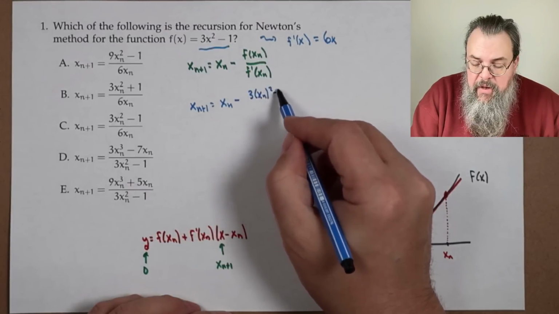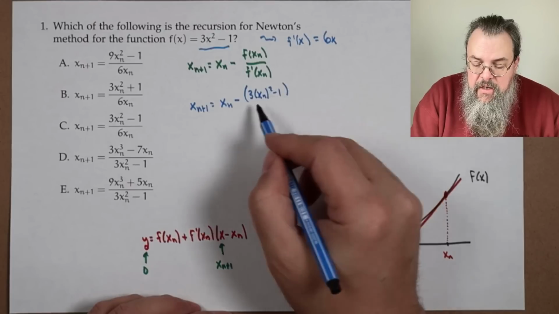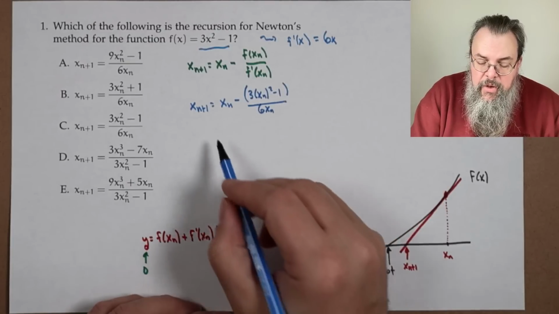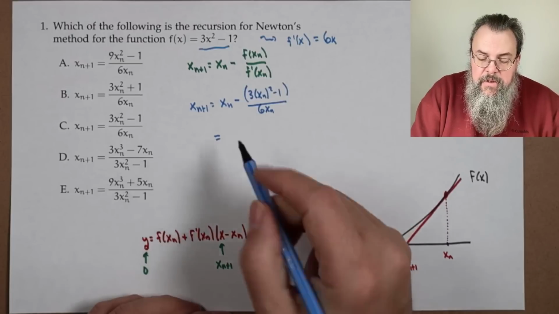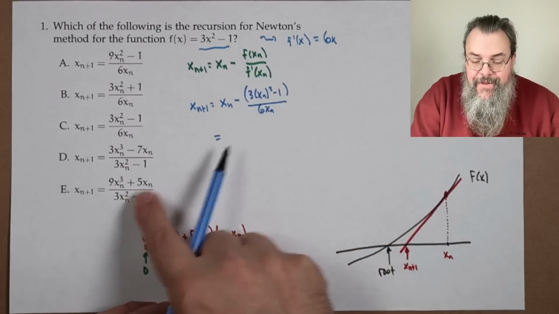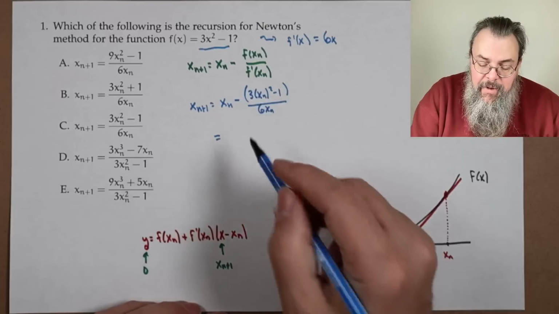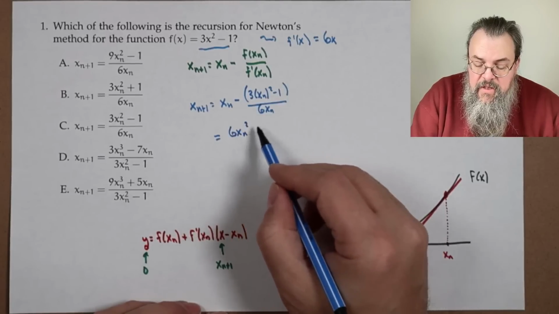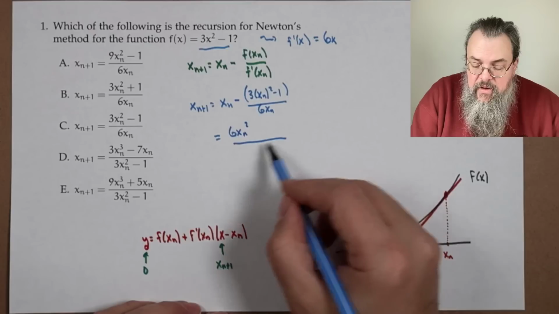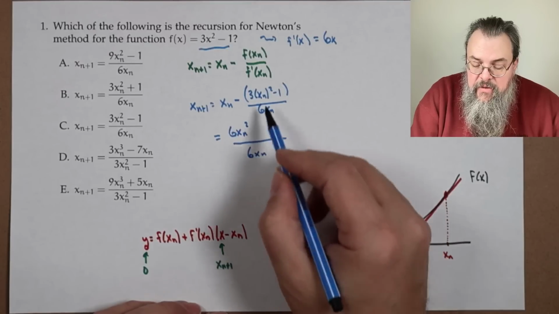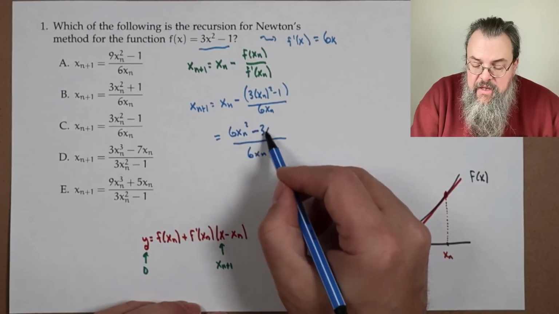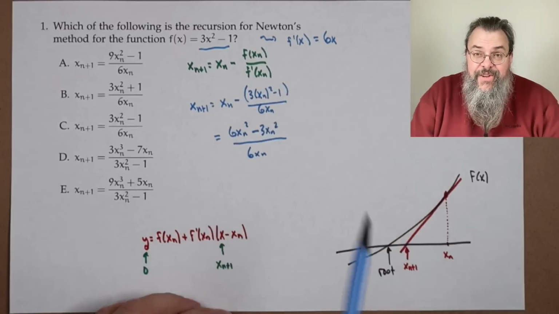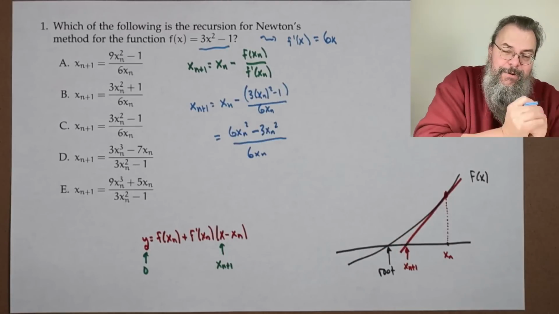3xn squared minus 1, divided by 6xn. Well, common denominator. We can put it all together because you'll notice that none of these choices look like that. So you might have to do some algebra, but that's okay. Who doesn't like some algebra? And then this is all over 6xn. So 6xn squared minus 3xn squared minus. Notice the parentheses here. Parentheses are point savers.